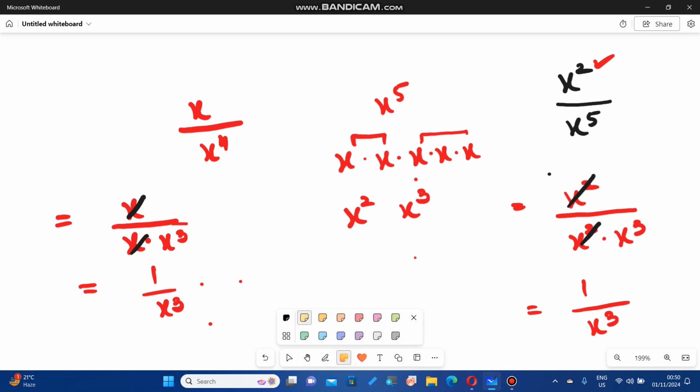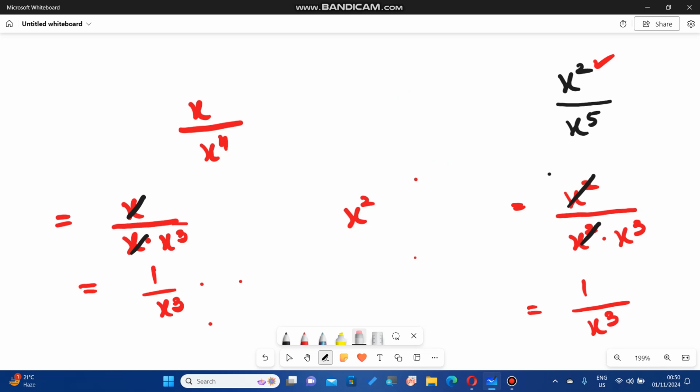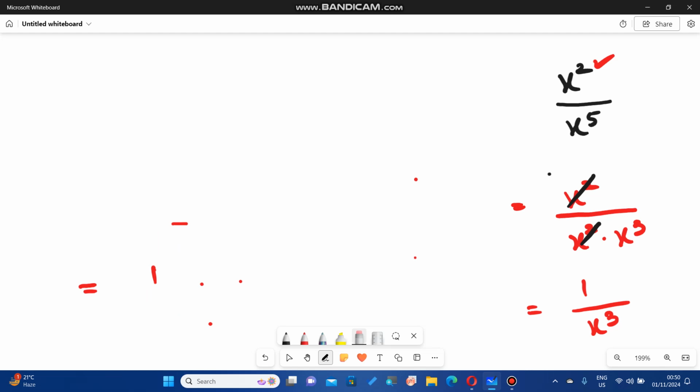Alright, let's take some more examples here. Let's say we have x divided by x⁷. We know that we can only cancel x since only x is in the numerator. We have x⁷. What does that mean?